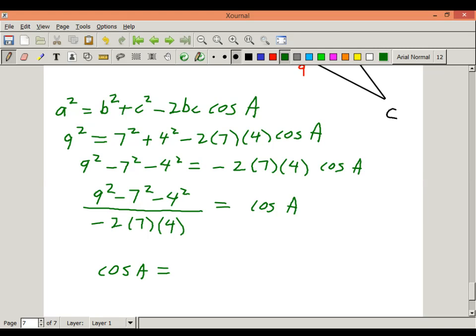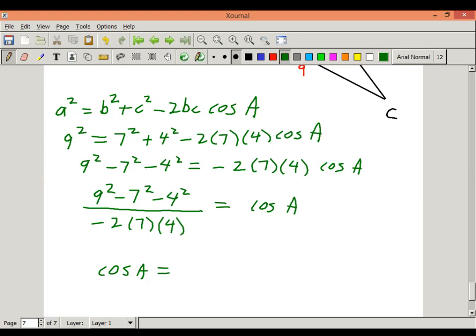So 9 squared minus 7 squared minus 4 squared. Now you've got to hit equals. Otherwise, you're not ready for the bottom yet. Then I'm just going to do 3 division problems. Divided by negative 2, divided by 7, divided by 4, equals.